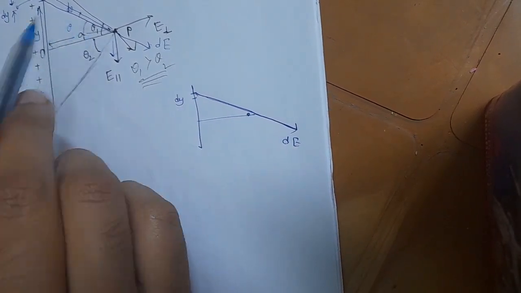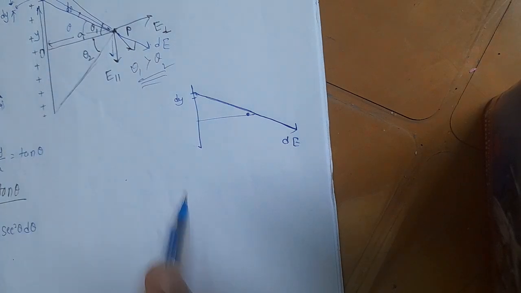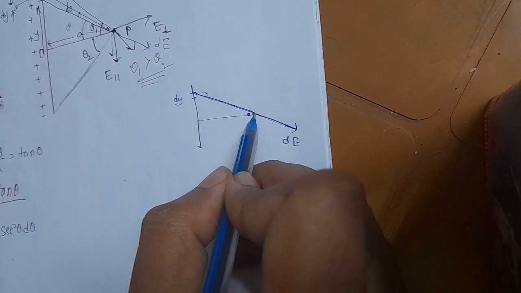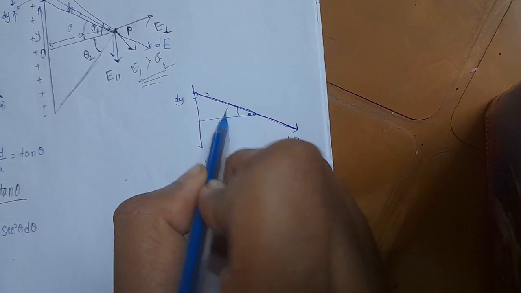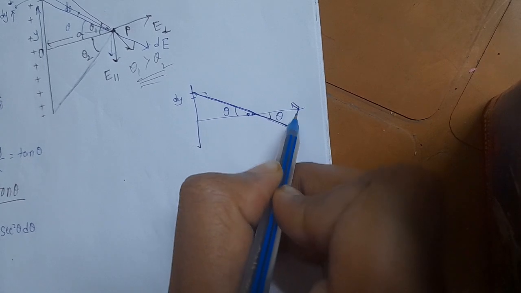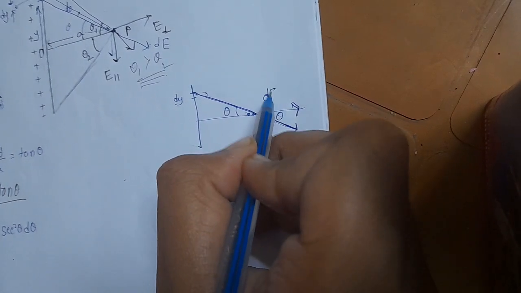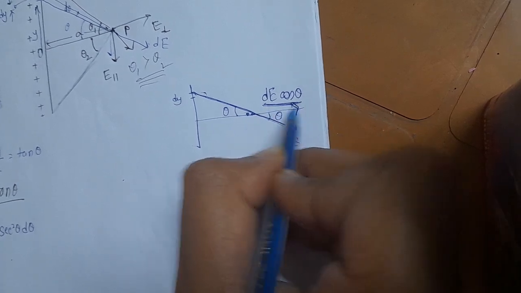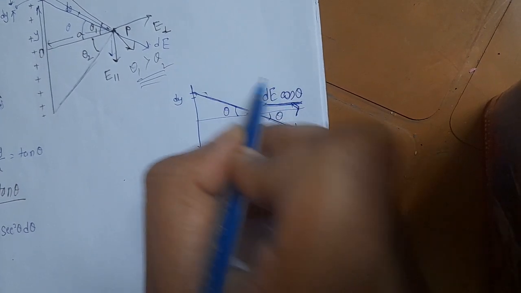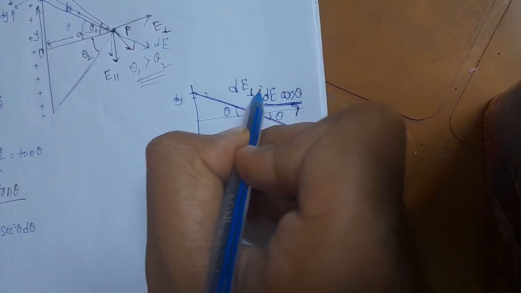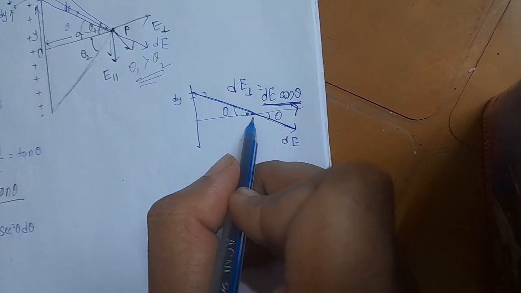I apologize for my bad diagram, but you can see here it's a single line. Suppose this angle is theta, then it will be dE cos theta. Remember, it is the perpendicular component, not the parallel component in this case. dE perpendicular, because it's perpendicular to this wire.